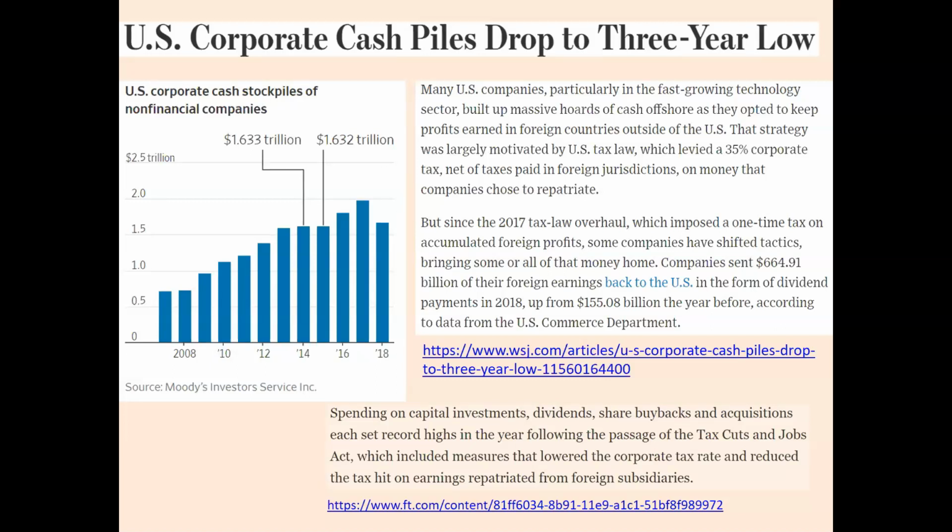The Jobs Act, among other things, lowered the tax rate that corporations have to pay on their overseas excess reserves. So since 2017, excess cash on firms' balance sheets has actually reduced, because firms are now bringing that back, paying out dividends, buying back stock, and making capital investments. So I just wanted to give you a sense of what's happening to excess cash in the US right now.